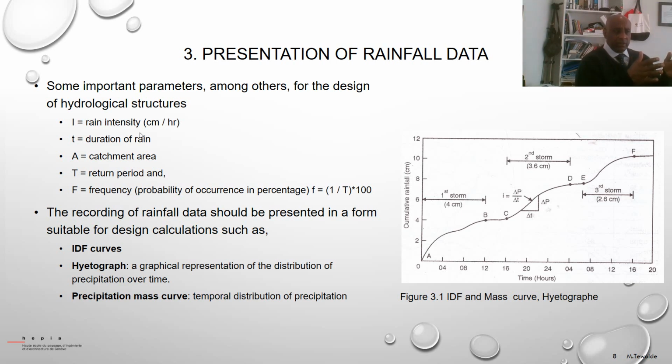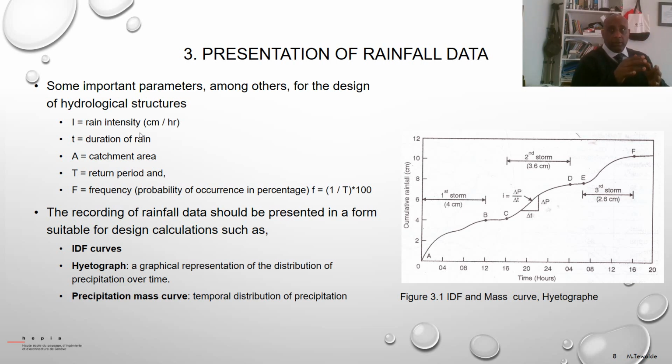For example, at the beginning of the rainfall, it might be very intensive. Then it stops for 1 hour or 20 minutes. Again, it rains, and then it rains very, very intensely, for example.